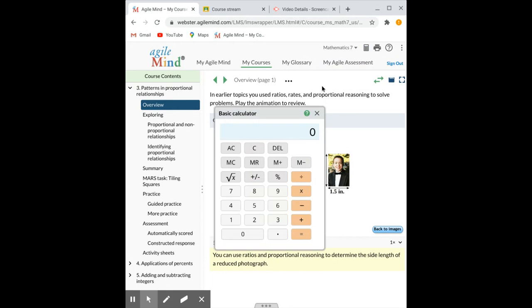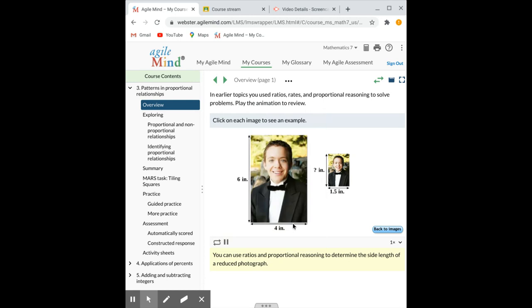All right, so I'm going to do 6 times 4 divided by 1.5. Is that right? No, that's not right. Let's try it again. We want to do 4 divided by 1.5. When we do that, we're going to have to take that answer and divide it by the original number.